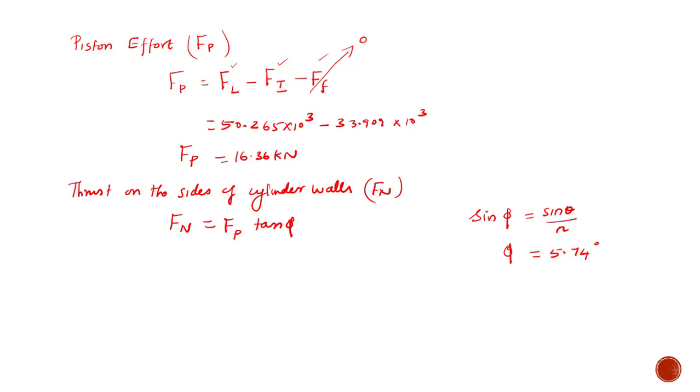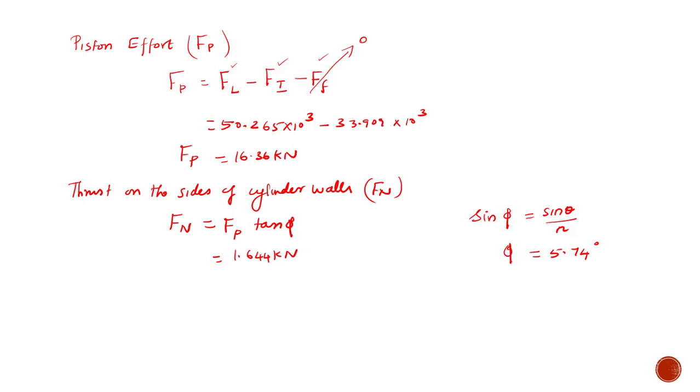Now we can apply this value here and find the value of FP. Straight away I'm just writing the answer because we know FP and phi. If you substitute these values, we get the thrust on the sides of the cylinder walls, which is 1.644 kilonewton. Fine.